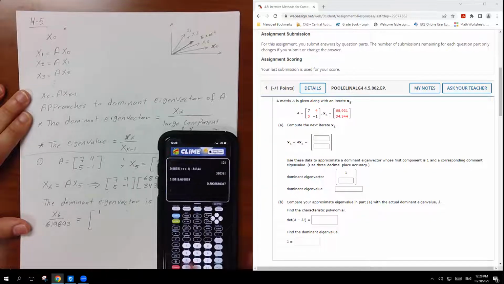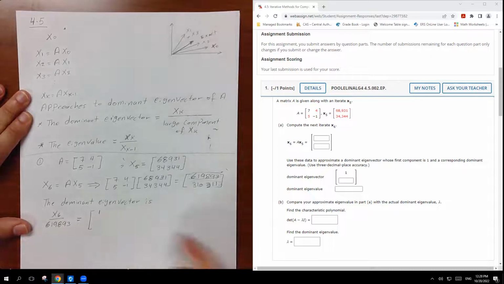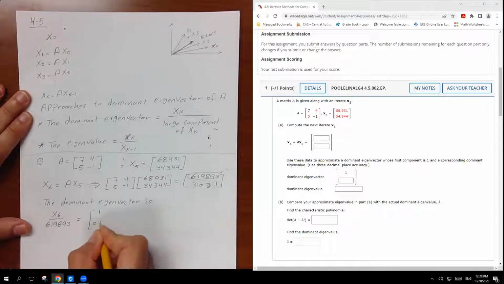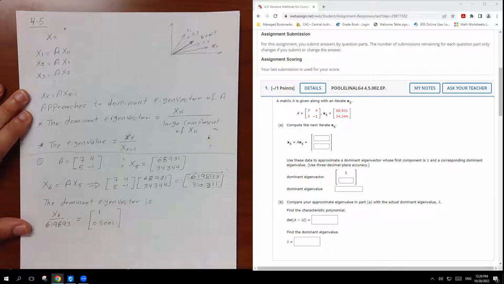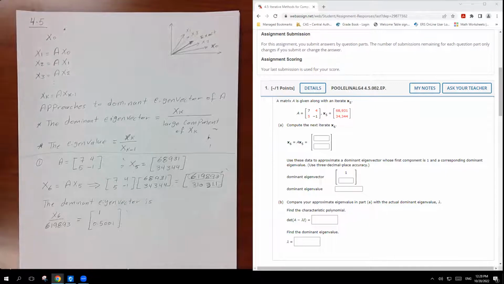It's going to be 0.500. I'm going to keep the 1 here. So this one is the dominant eigenvector, and they're telling you to use 3 decimal places accuracy.